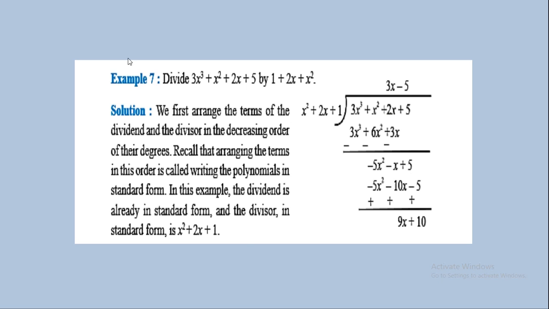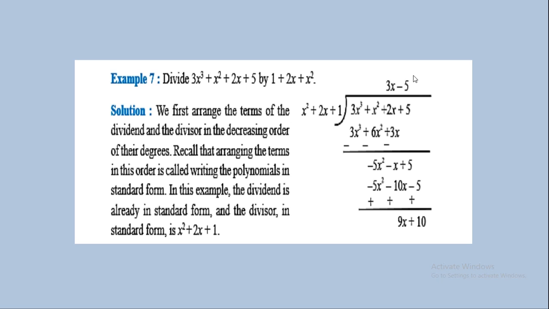Now we have minus 5x square minus x plus 5, and we are going to divide this by x square plus 2x plus 1. Taking the first term with the highest degree of x, here it is minus 5x square, here it is x square. So dividing minus 5x square by x square, we will get what? Minus 5.